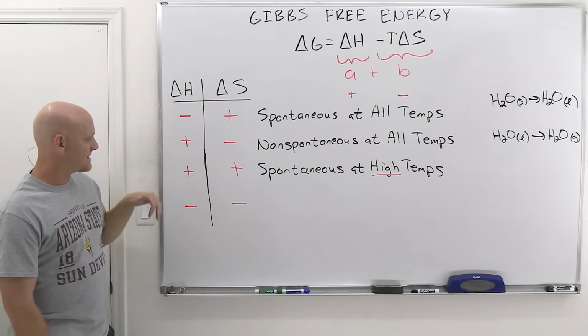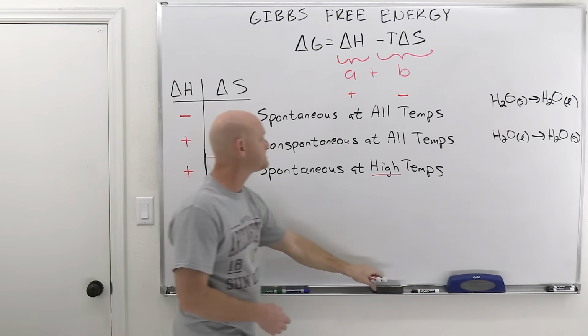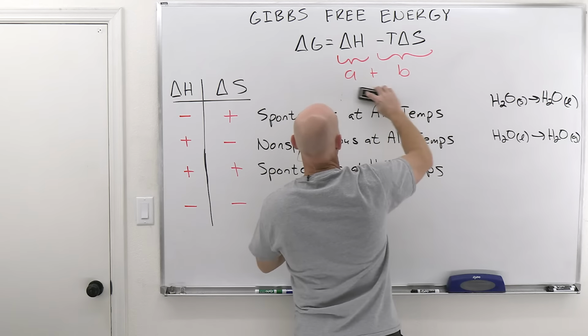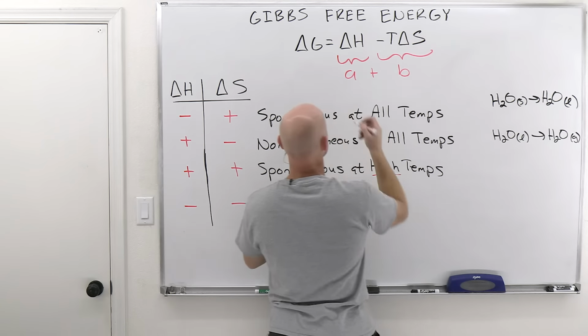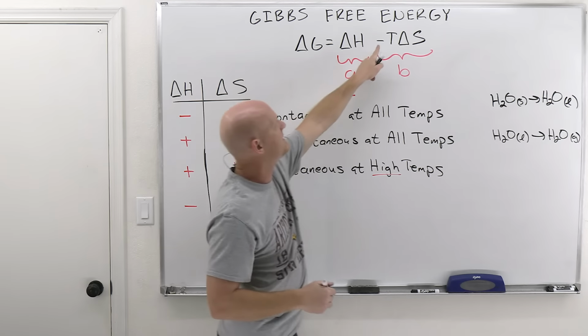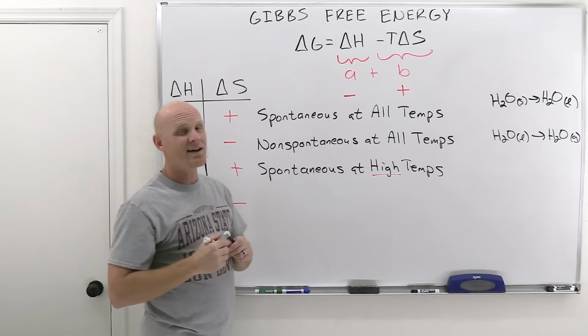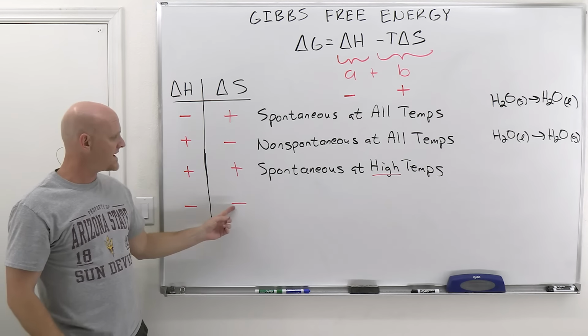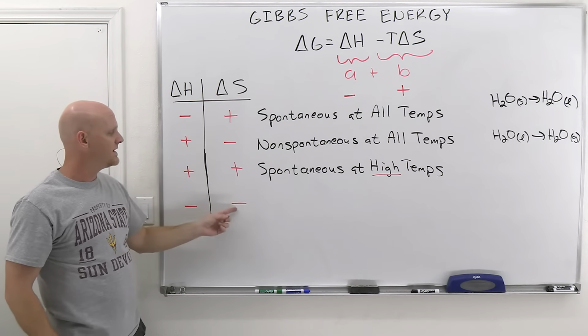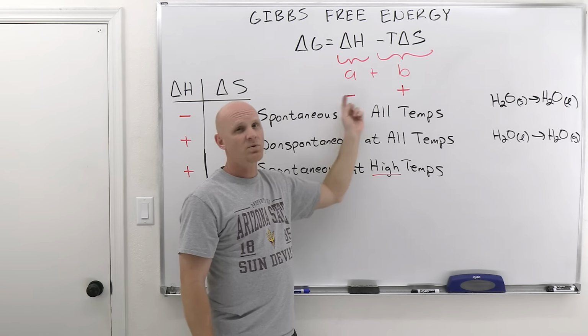All right, so last scenario here where delta H and delta S are both negative. So if delta H is negative, well, that means definitely our first term is simply negative. But if delta S is negative, again, a negative times a negative means your second term is positive. And again, that second term here, that whole negative T delta S, is always going to have the opposite sign of whatever just plain old delta S has. And so in this case, again, we're adding two numbers. One's negative, one's positive.